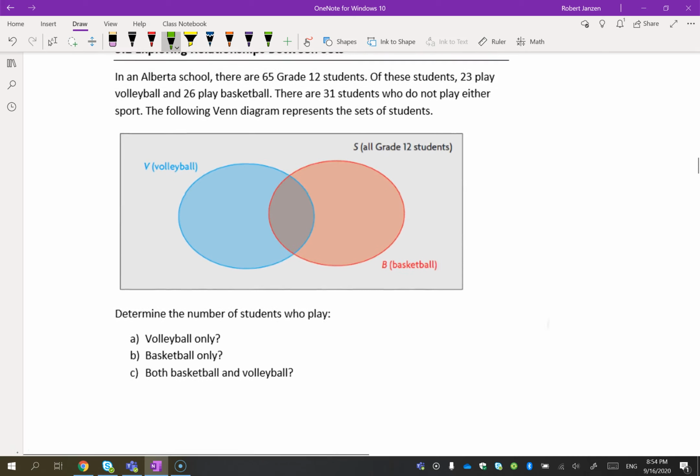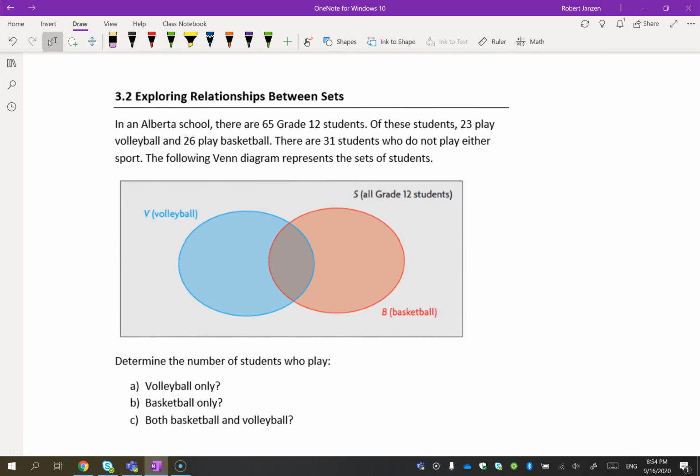All right, let's get to the lesson. Exploring relationships between sets. In an Alberta school, there are 65 people in all of grade 12. Here is the universal set, everybody in grade 12. 23 play volleyball, 26 play basketball, and 31 students do not play either sport.